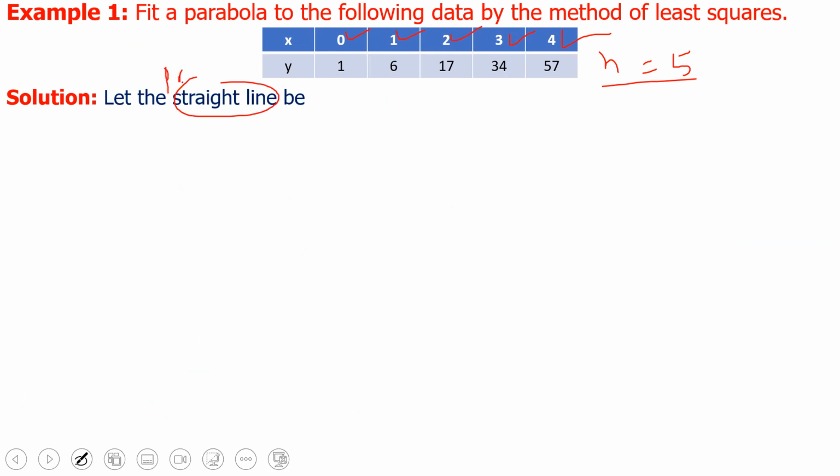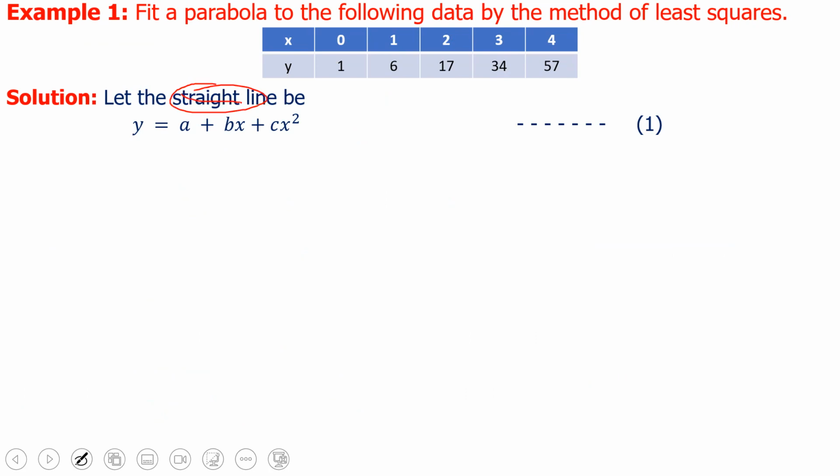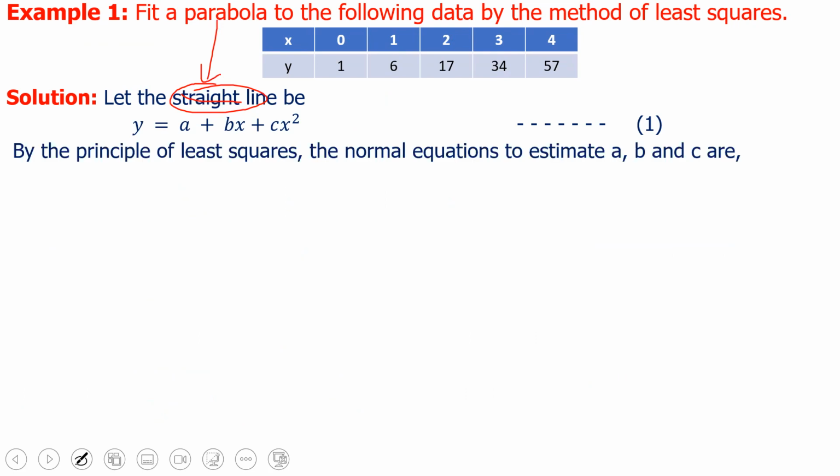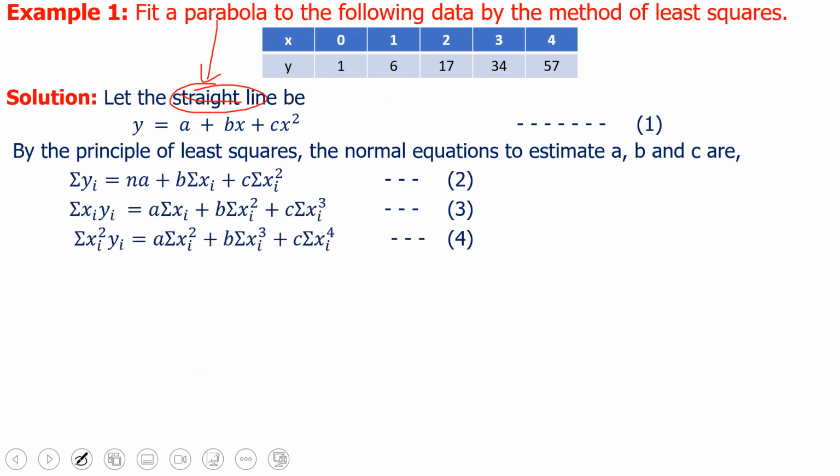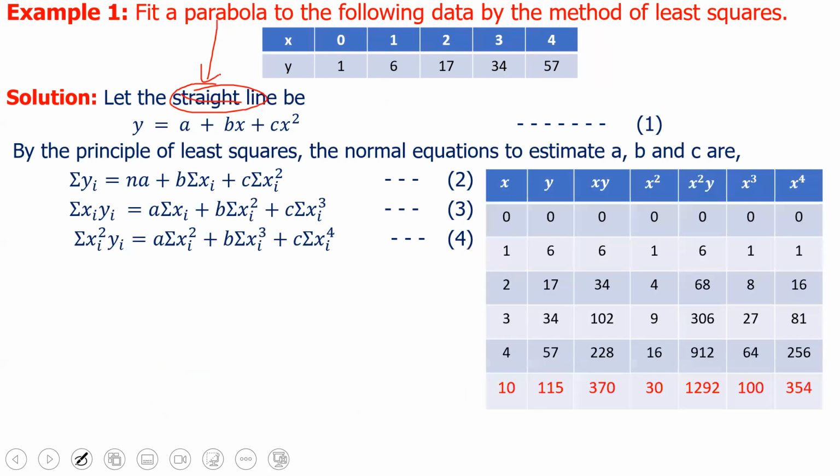Let the parabola be given by y equal to a plus bx plus cx square. Now, by the principle of least squares, the normal equations to estimate a, b, and c are these three equations which we have already derived.